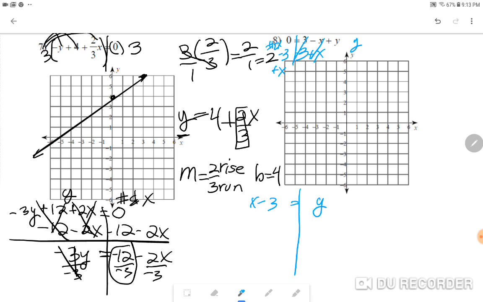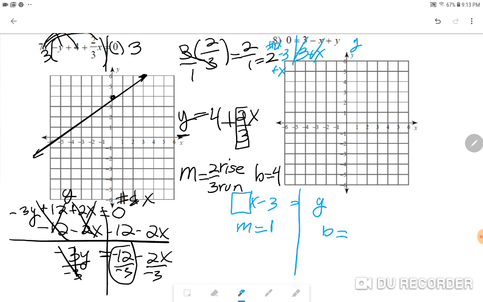The y is by itself, so you can tell me what is the m slope and what is the b value. The m is the number that you see right here. You may say there's no number, but this is really 1x, so this is a 1. There's a 1 in there.